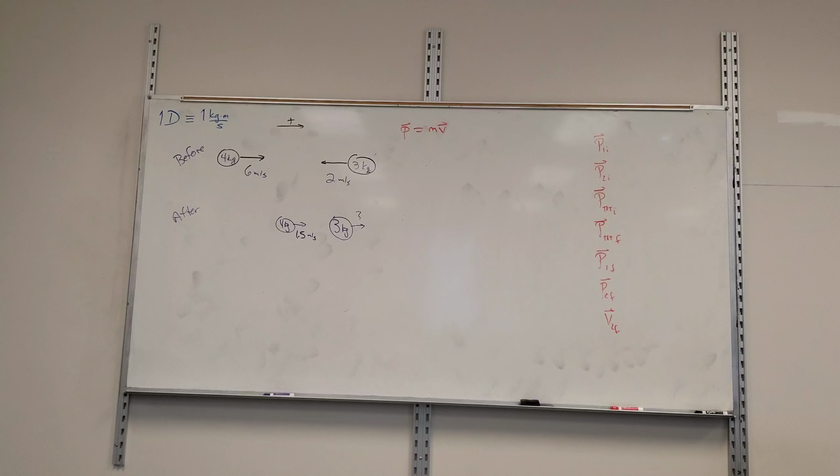What is this momentum here for this guy afterwards? The total is 18 beforehand, total afterwards is 18. This is 6. What does this need to be so you get 18 total? That's 6 plus what gets me 18?